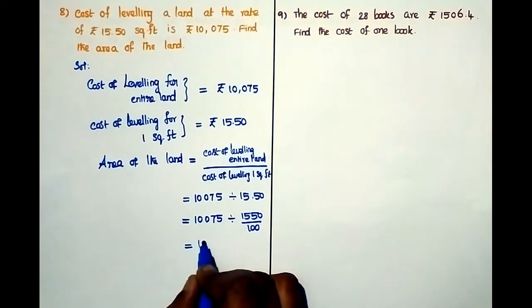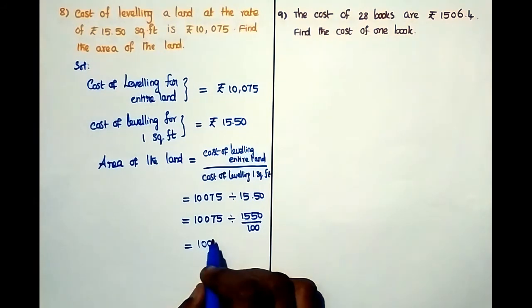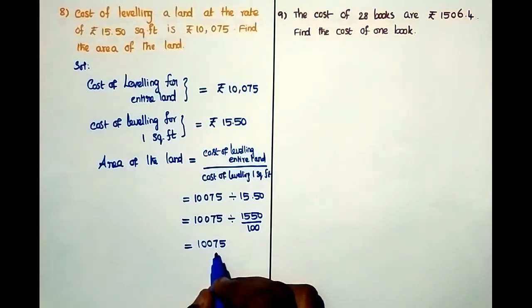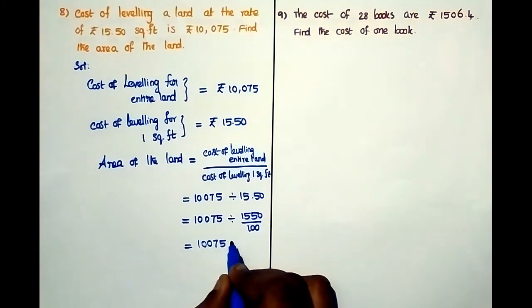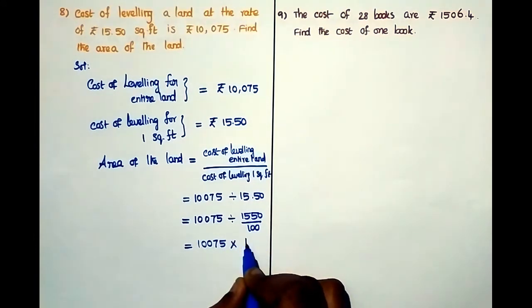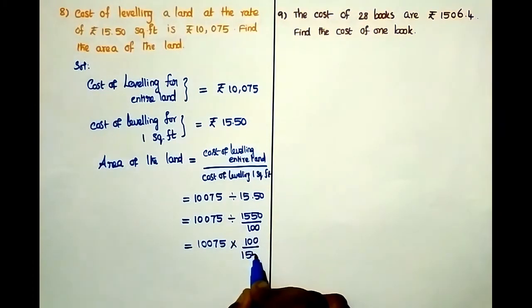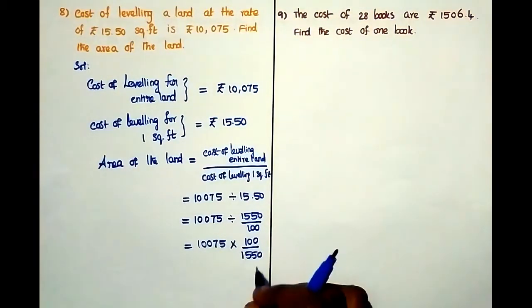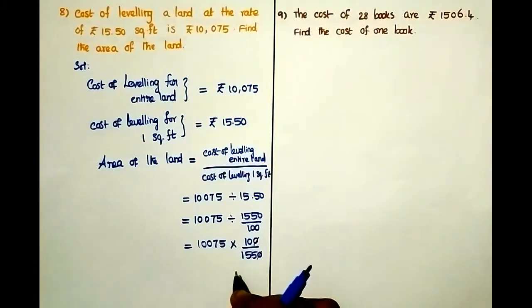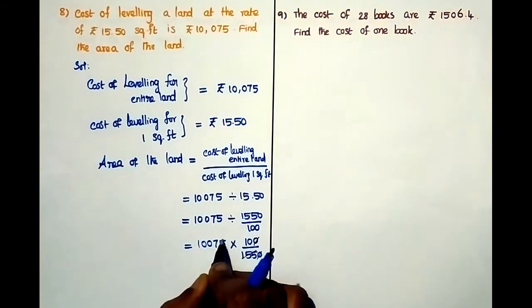Now take reciprocal for that, means 100 by 1550. Cancel this 0 and then cancel these numbers, means 155.